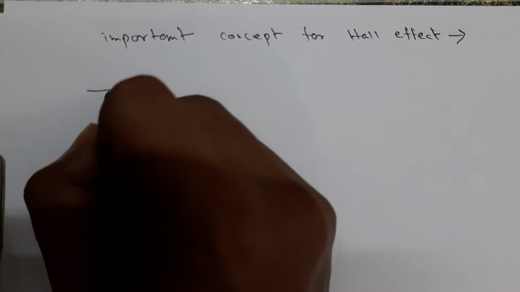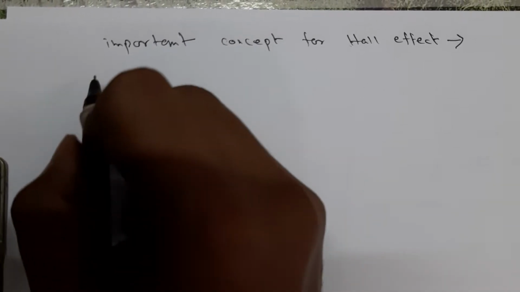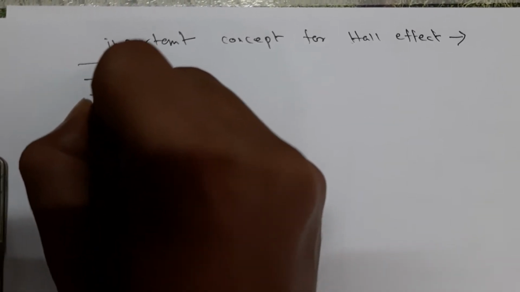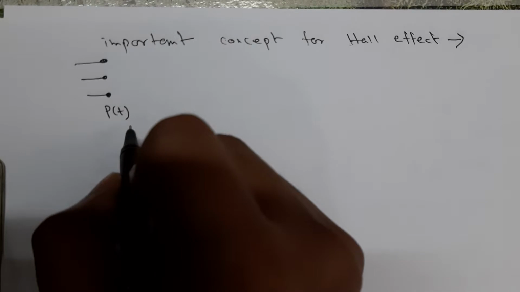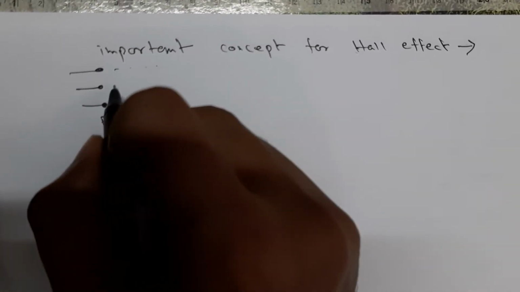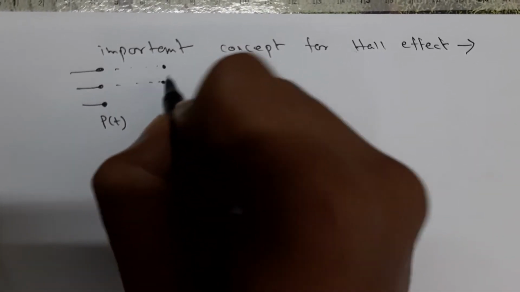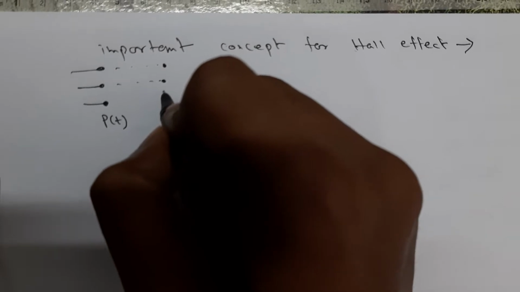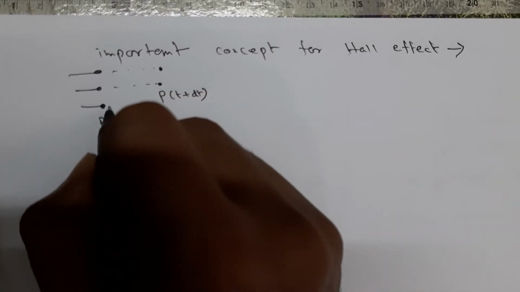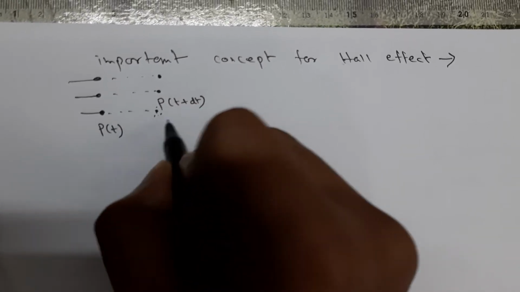Suppose one electron is here and it has a momentum of p(t), and there might be some other electrons also at that momentum. So this p(t) is the momentum p at time t, and suppose in dt time some of the electrons advance without being collided, and their momentum is p(t+dt), and some may have collided with other electrons and scattered.